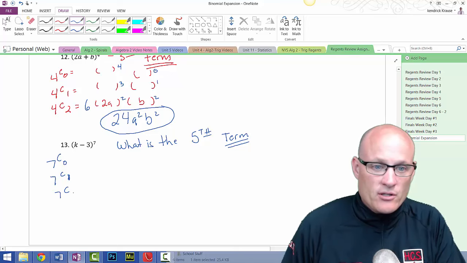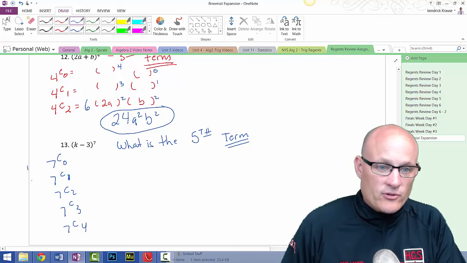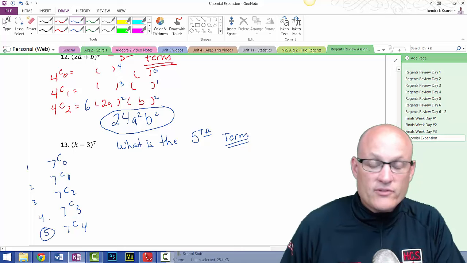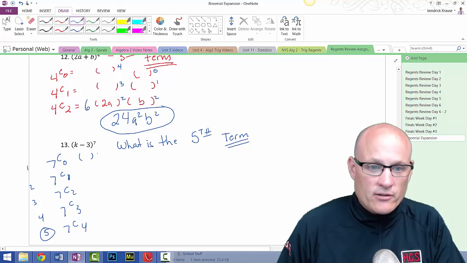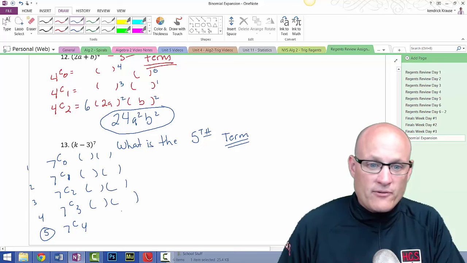Let me just go. 7C2, 7C3, 7C4. So this is the first, the second, the third, the fourth, and here's the fifth term. This is the only one I'm interested in. So I could put parentheses here and here. I don't care about these. I need them for the exponents and only for me to figure out what exponents to put on.